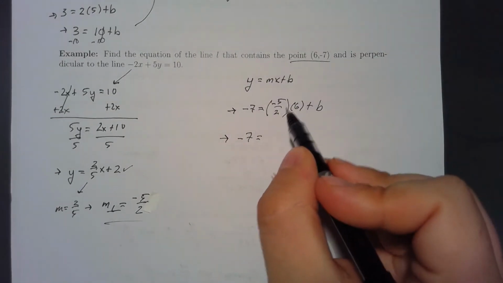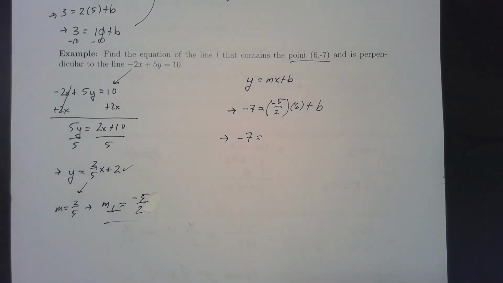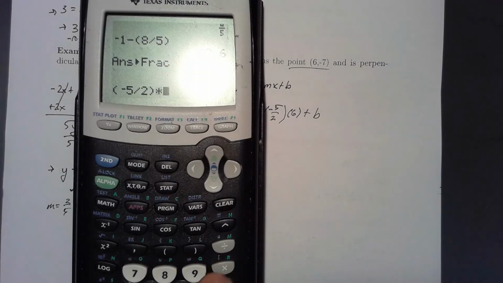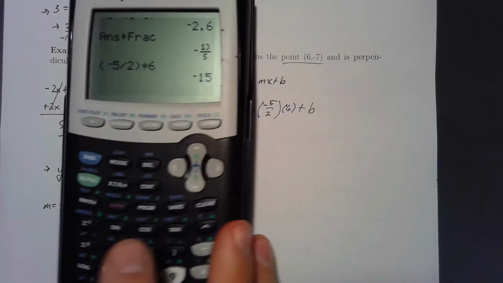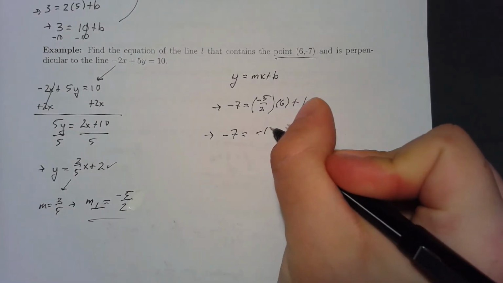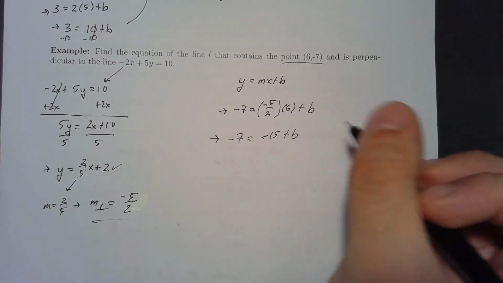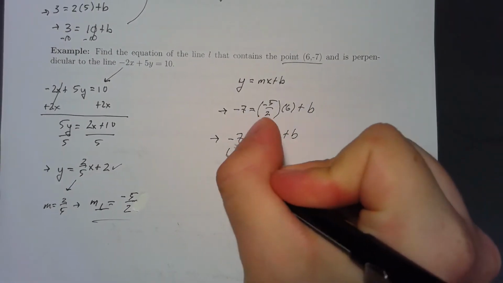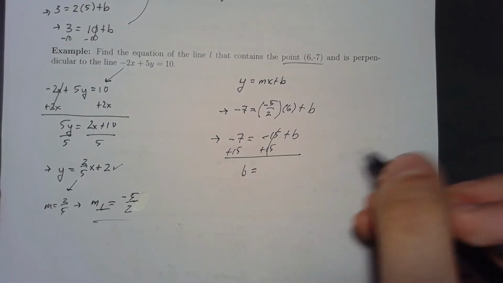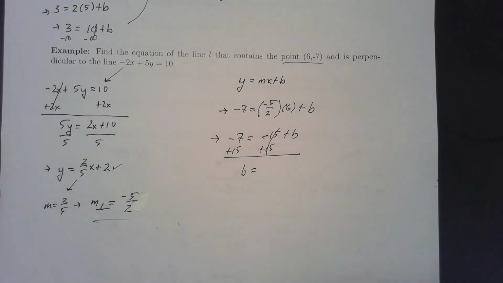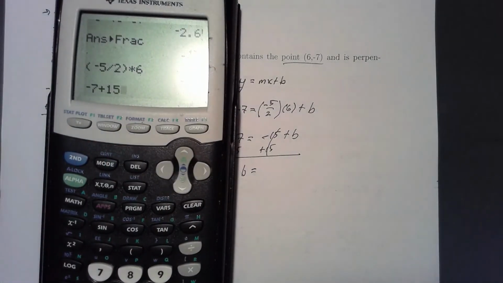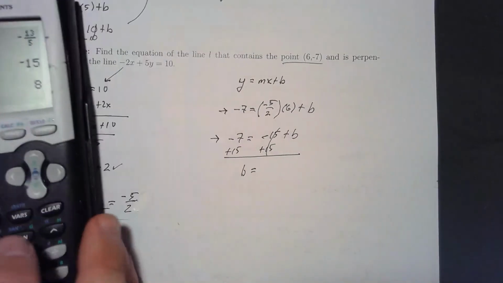So negative 5/2 times 6, alright, that is negative 15 plus b. Add 15. So b equals negative 7 plus 15, which is 8.